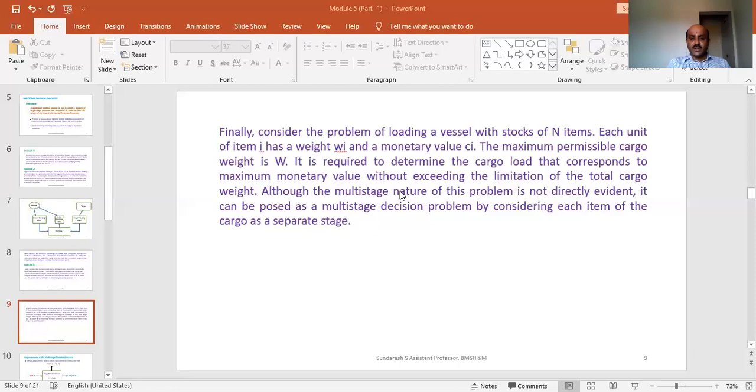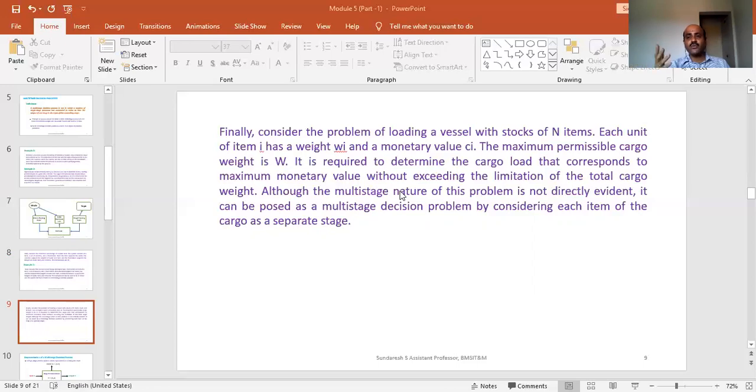So this is what they finally say is the problem of loading a vessel with a stock of n items. There are n number of items, and the problem here is loading the vessel with the stocks of n items.